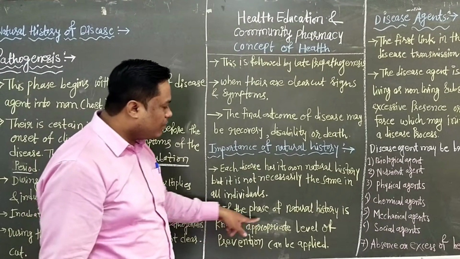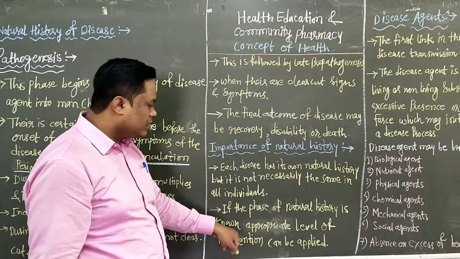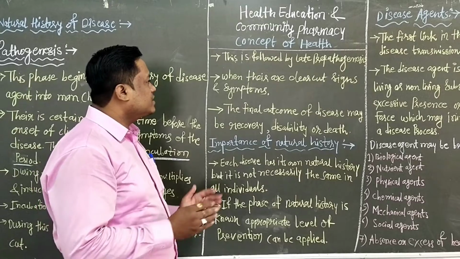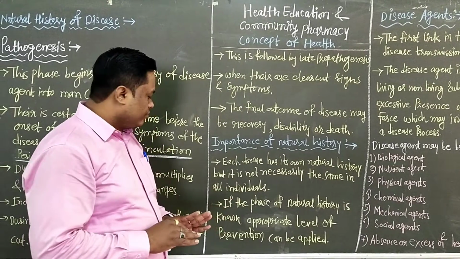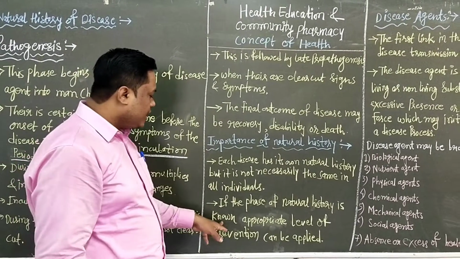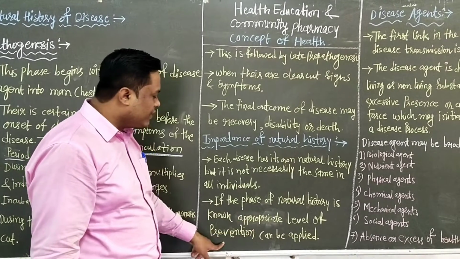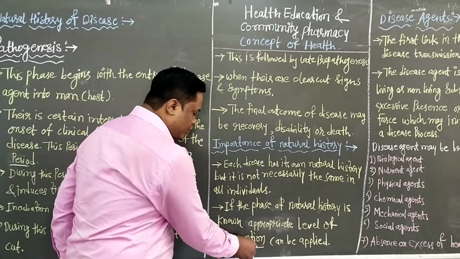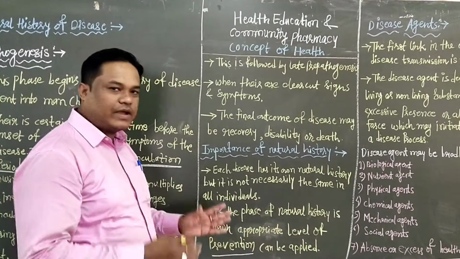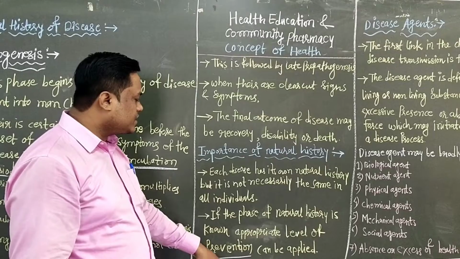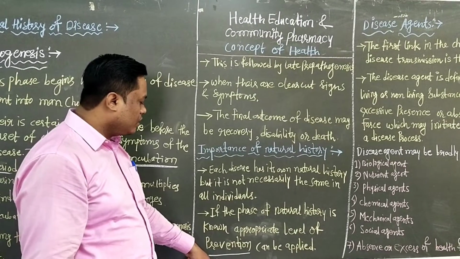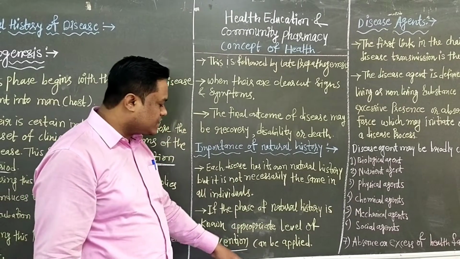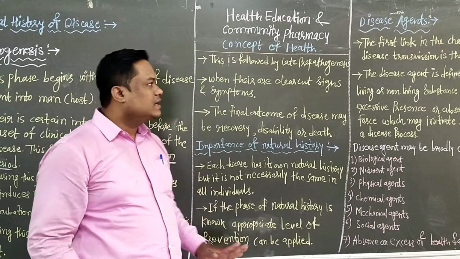If the phase of natural history is known, means the disease condition and its signs and symptoms are clear, then it is identified, and the appropriate level of prevention can be applied. Preventive measures can be taken to prevent or cure the disease condition.